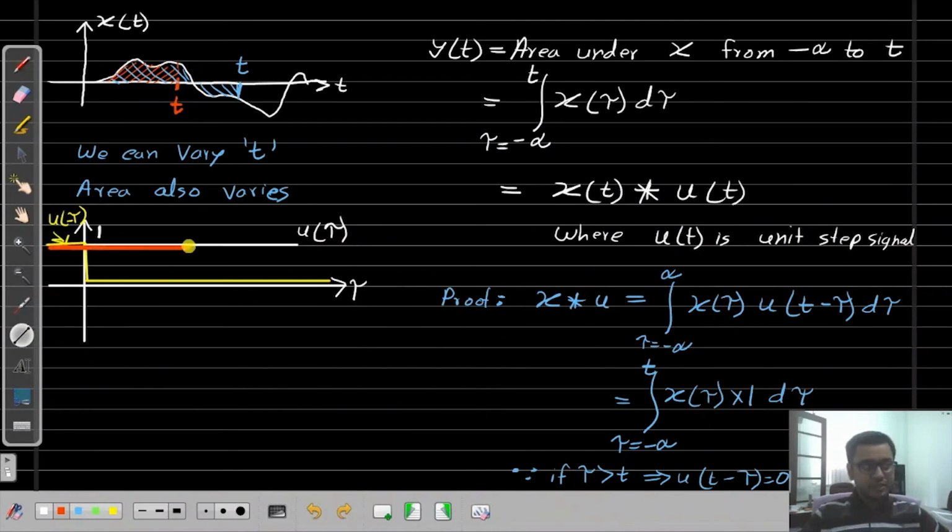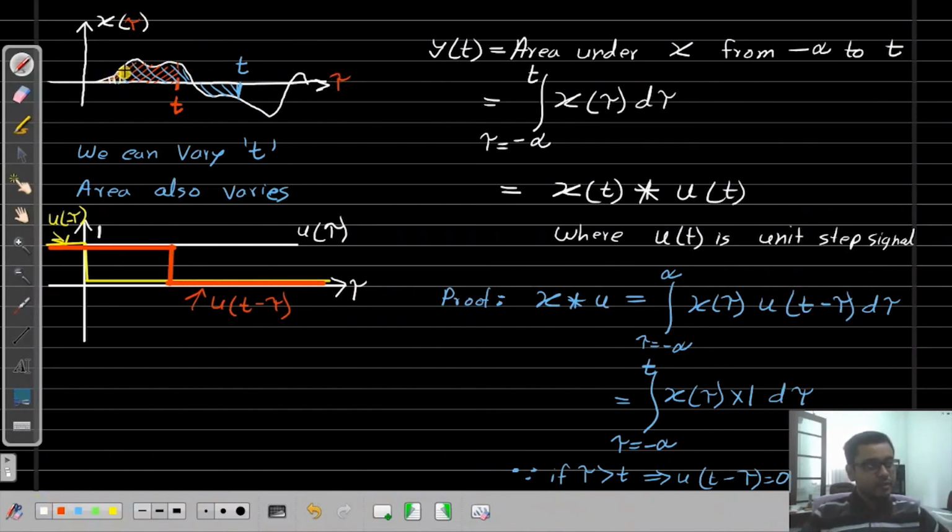You shift it up to some time t, so this is u(t − τ). Then you multiply this signal with x(τ), and when you multiply these two, the result will be like this.